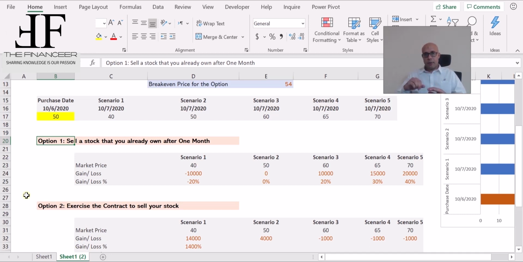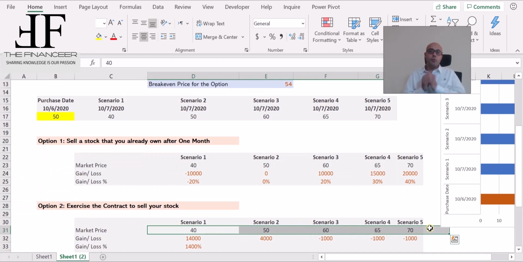So you purchase from the market and sell in the market. This is the traditional way of doing investment in stock. The other way is to sign a put option, which is option number 2 here. So we need to compare the risk, the loss and the gain on each one of them, based on all of these scenarios under each option. Okay, so this is the map of what we are going to do during the next few minutes.